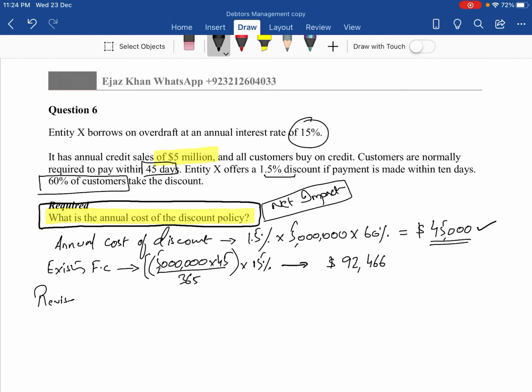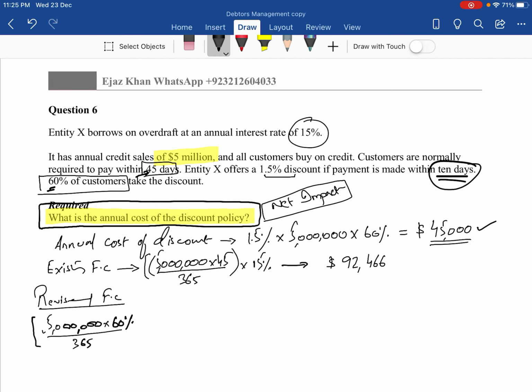And for the revised one, there is a bit of complicated calculation involved. We have to first find out the receivable figure, which is going to be calculated in two parts, because 60% of the customers will pay us within 10 days, whereas the rest of 40% will still pay us in 45 days. So the receivable figure will be calculated in two parts. So we should take 60% of the sales figure first to find out the customers who will be paying us within the discount period.